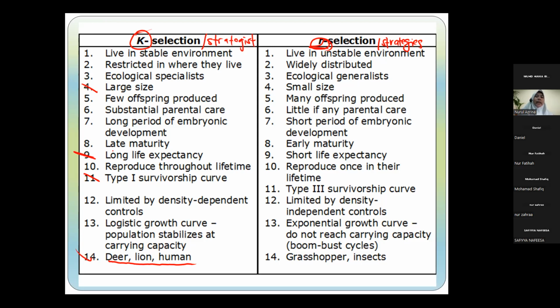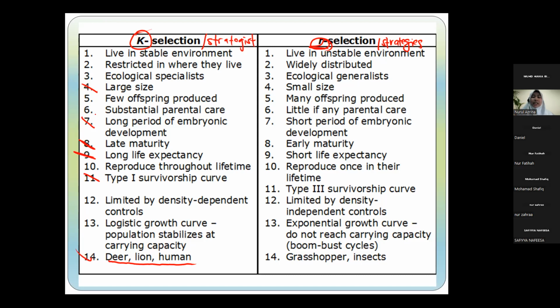So when they have a long life expectancy, do they need to mature rapidly? No need. Since their lifespan is long, they have a late maturity age, so the time to reach maturity is rather slow. They also have a long period of embryonic development.